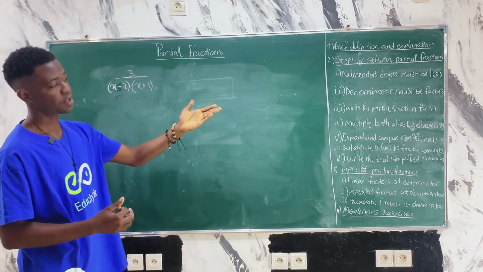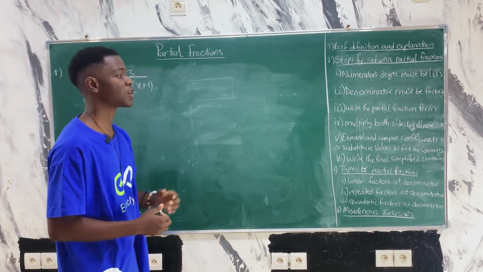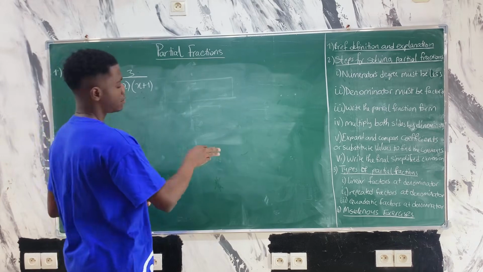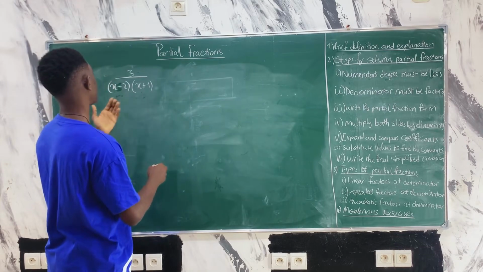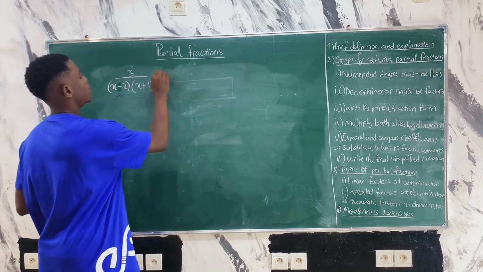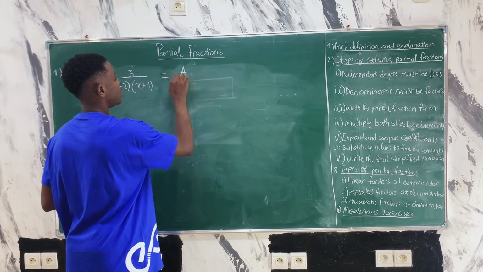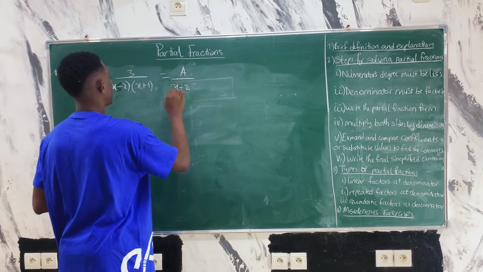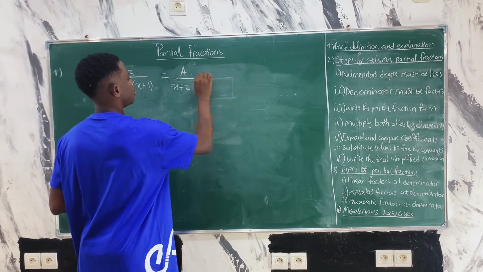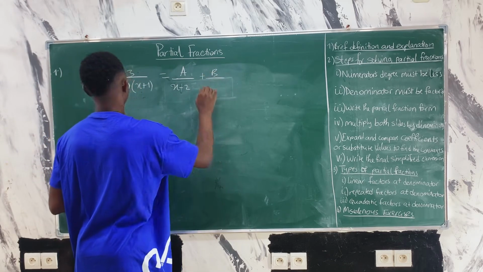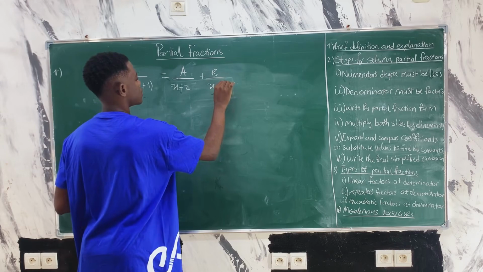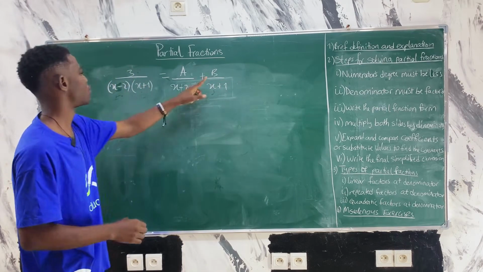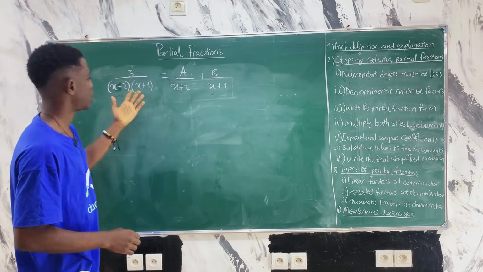The third one is to write the partial fraction form. For linear factors, it is written as A on x minus 2 plus B on x plus 1. So just write A on the first factor plus B on the second factor. As simple as that.